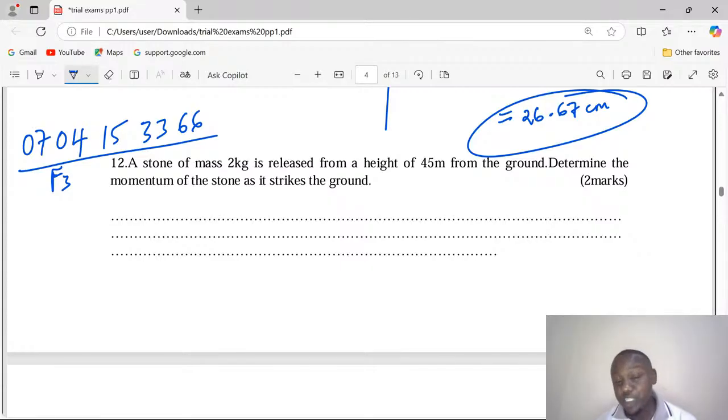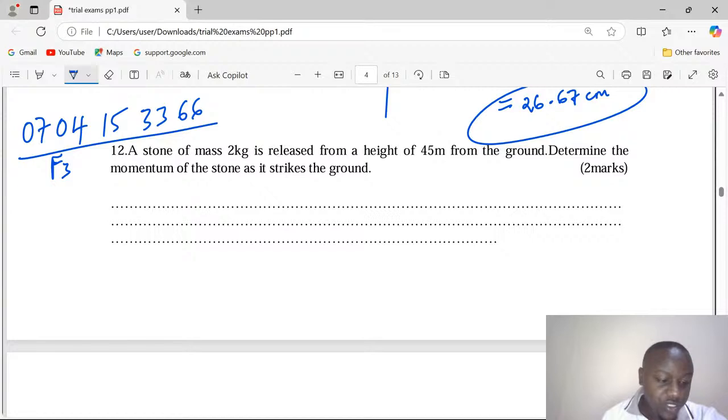As it comes down, the speed will be increasing. So as it loses height, in brackets the gravitational potential energy, it will be gaining kinetic energy at the same rate. So we can calculate the speed with which it shall land on the ground.